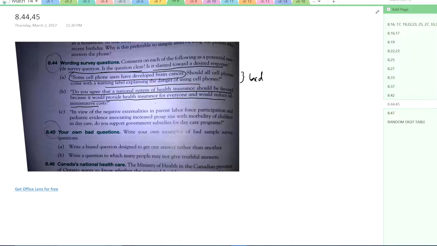By telling you this reason, that it provides health insurance for everyone and reduces administrative costs, they want people to say yes. Okay, that's what they're trying to get you to say. Yes, but is there any guarantee that this is going to happen?